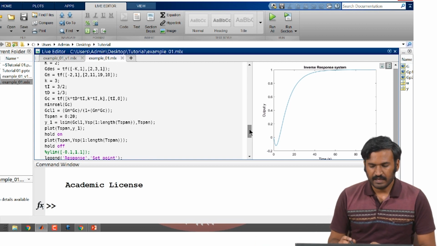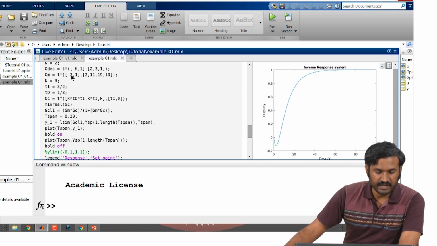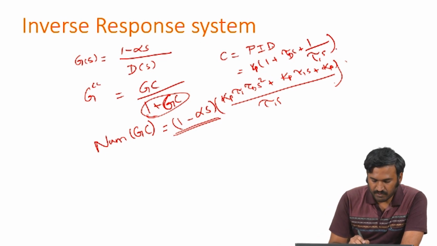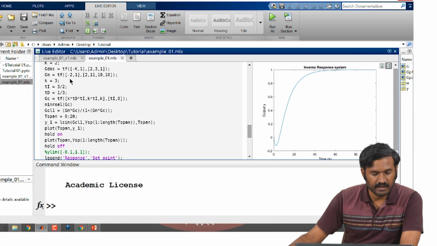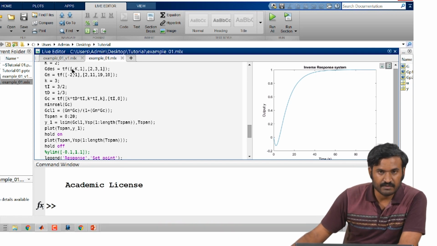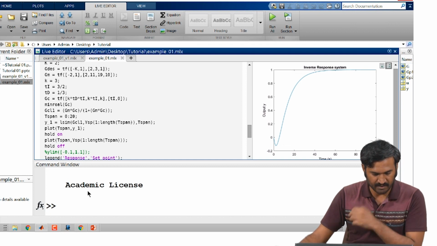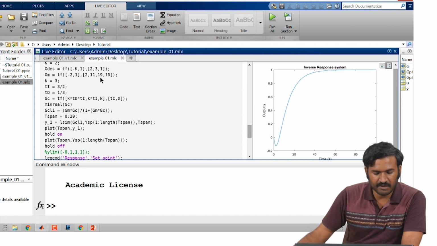So, here I have taken a system where there is one RHP zero. The system description is given here. As you can see, I have given 1 minus 2s as the zero in the numerator, and the denominator coefficients are 2, 11, 19 and 10.